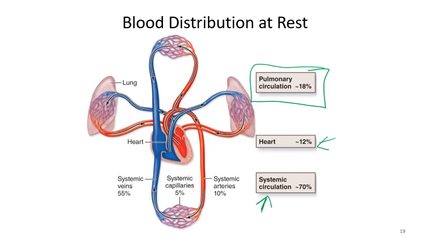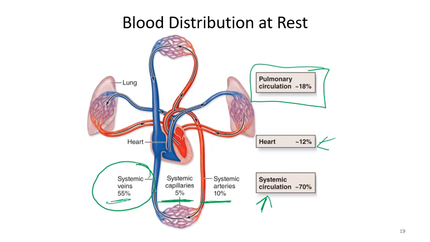Of that systemic circulation, there's a little bit in the systemic arteries, a little bit in capillaries, but at any given time, over half of your blood volume is actually sitting in the systemic veins.